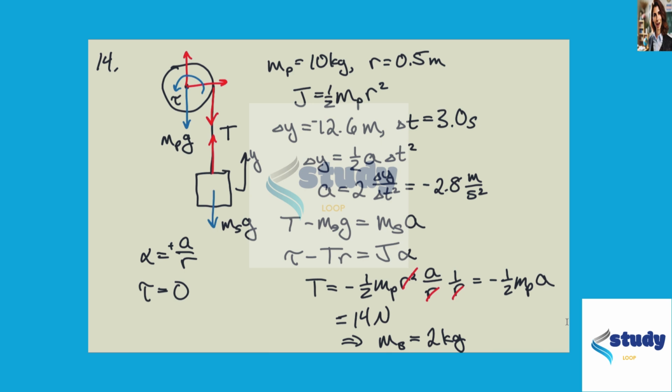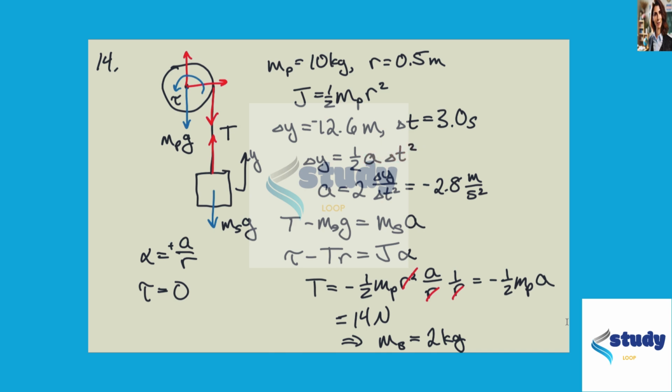Now, we know that it falls 12.6 meters in 3 seconds. So we can figure out that if the acceleration is constant, the change in position is 1/2 a delta t squared.